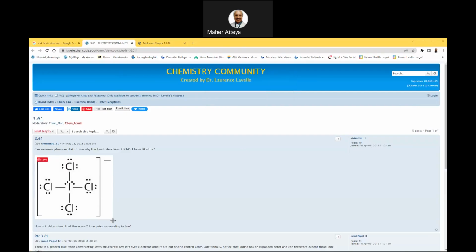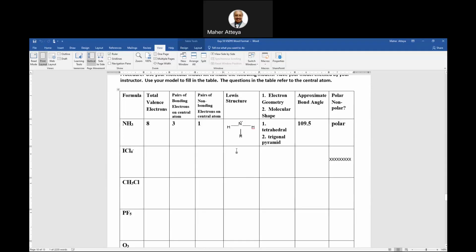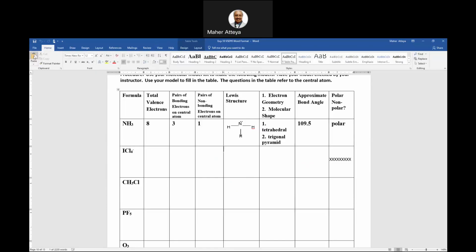Okay, guys, I'm copying this one. Then I have to stop sharing and share my document again. This is the area of the structure, so I put the Lewis structure here, paste the whole thing, and space it here.